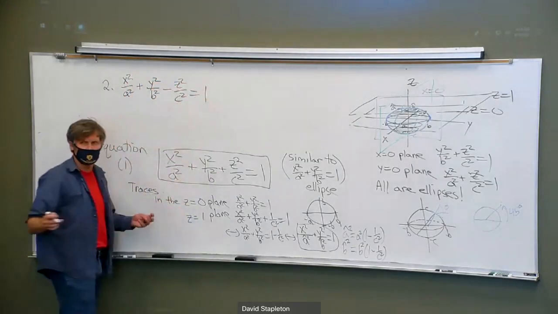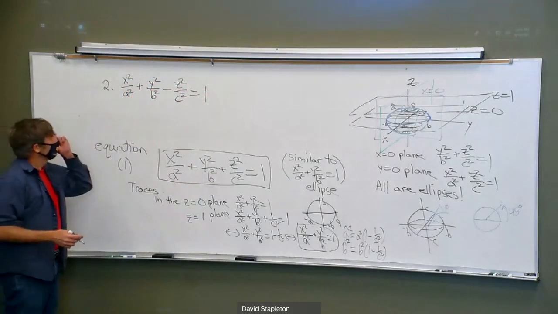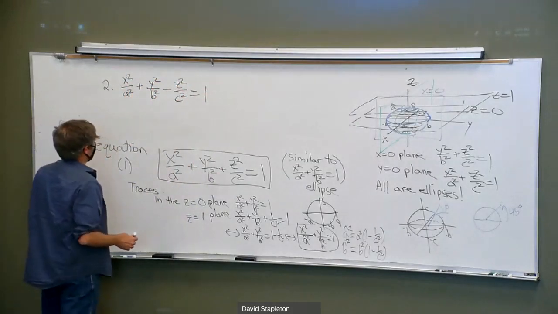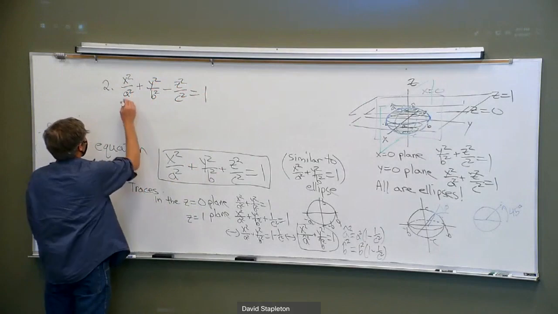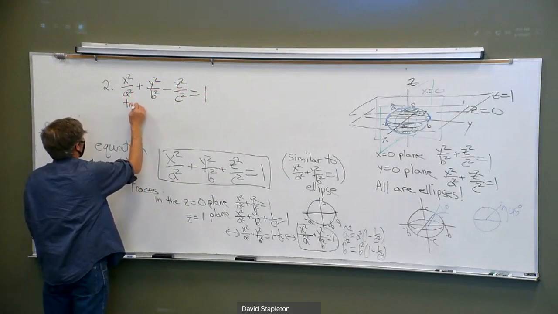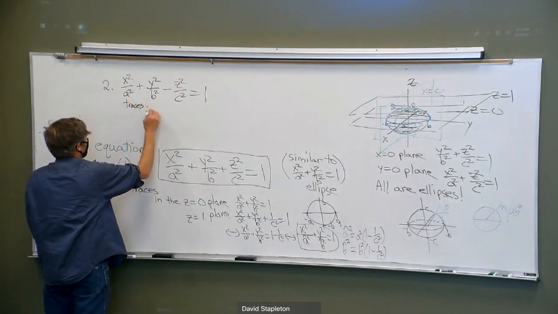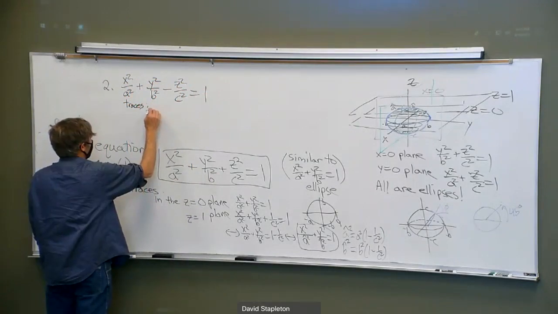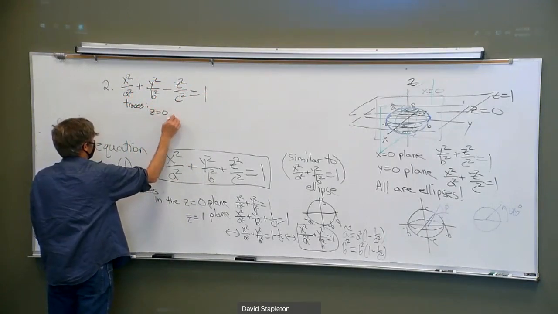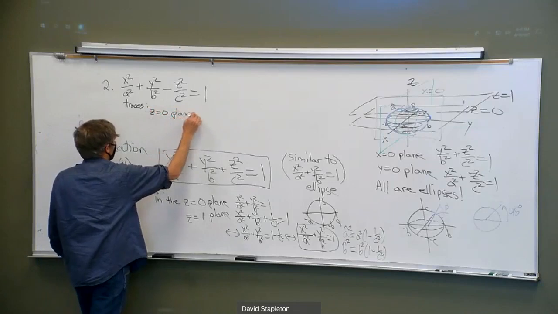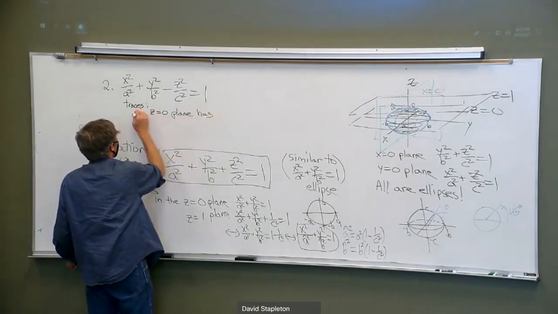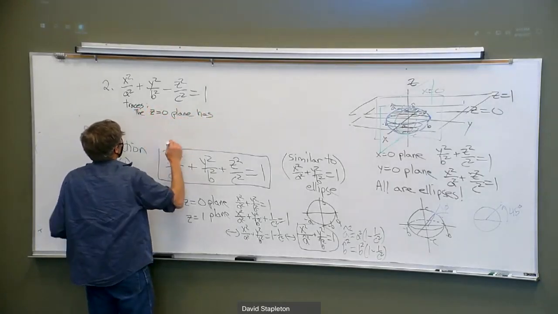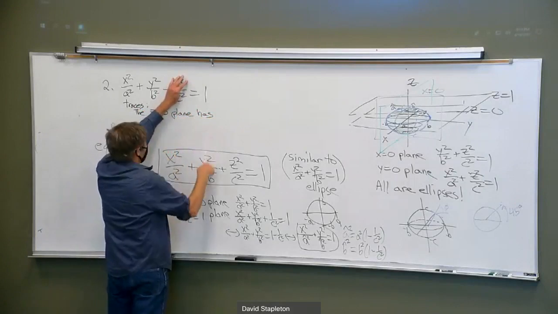Oh, but it changes everything, right? Now what do the cross sections look like? Let's look at these traces here. Let's look at the z equals 0 plane again. I put z equals 0, and I get the same ellipse I did here.